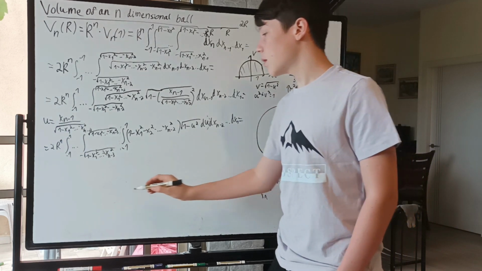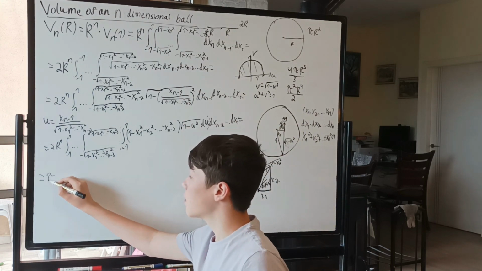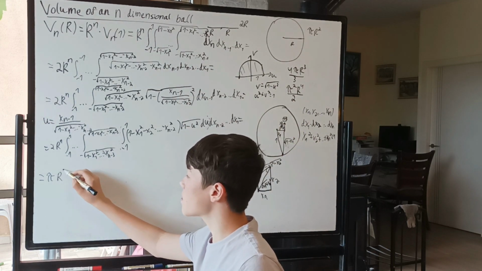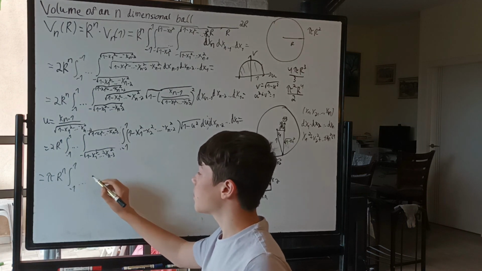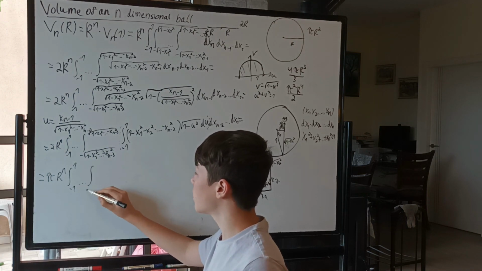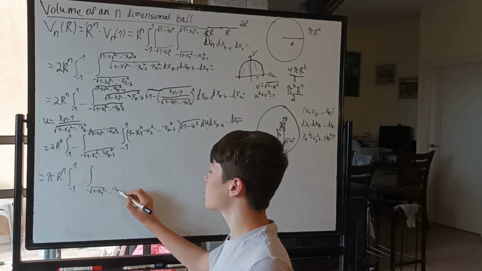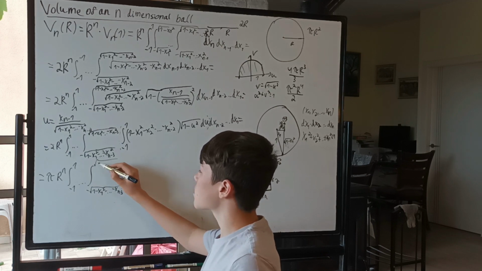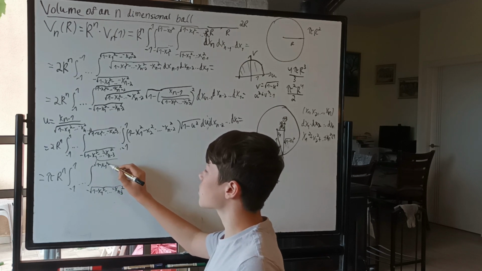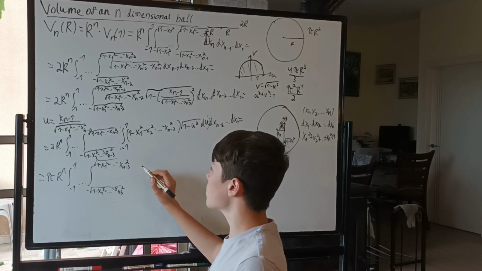And we will end up with pi times 2 to the n minus 1, the integral from negative 1 to 1, until the integral of square root of 1 minus x1 squared minus up to xn minus 3 squared.